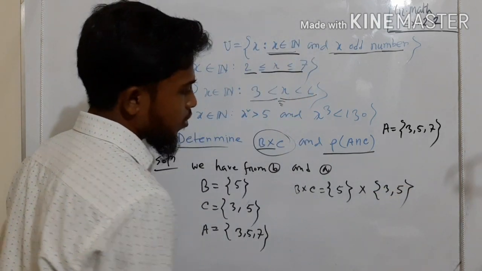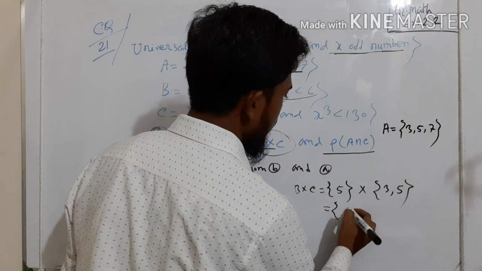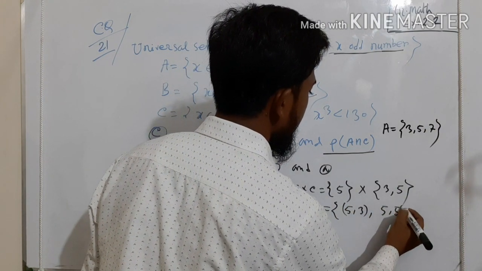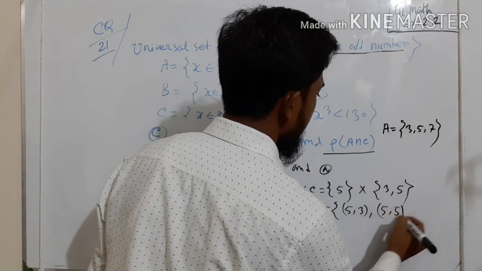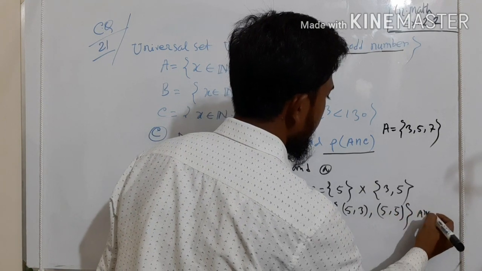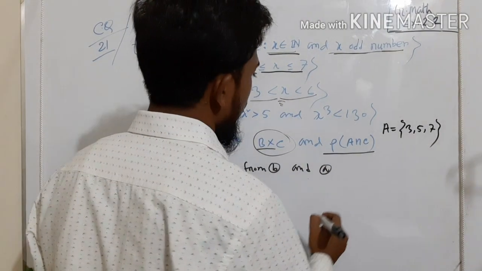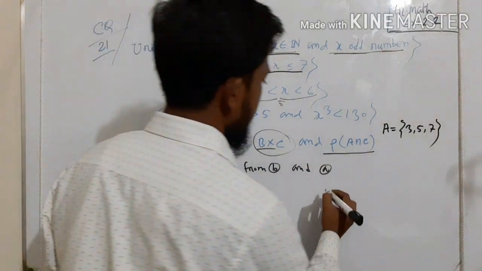This is the Cartesian product, so (5, 3) and (5, 5). This is our answer.